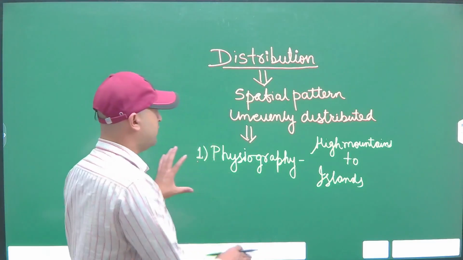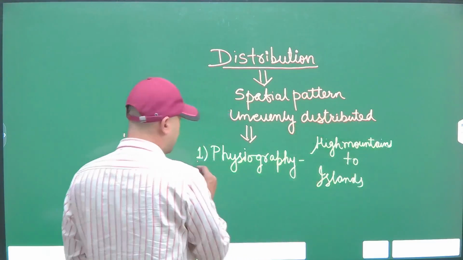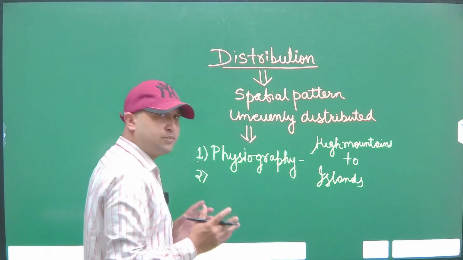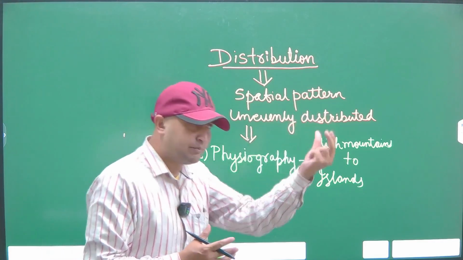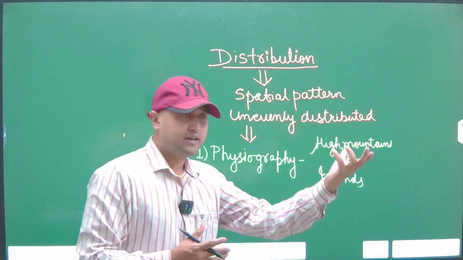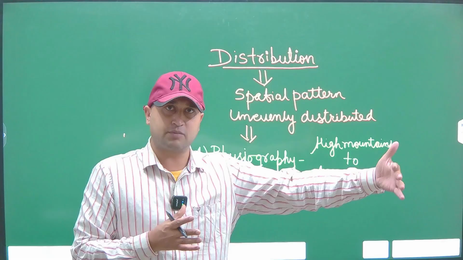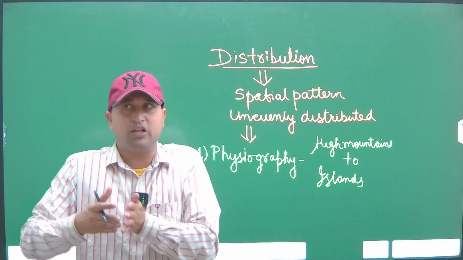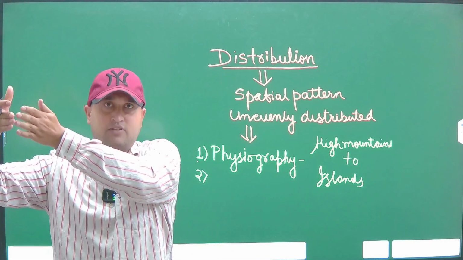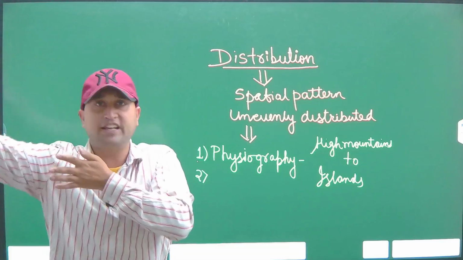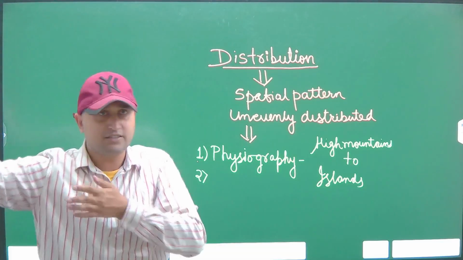So physiography means the different physical features, and the population is distributed accordingly. A very large number of people live in the northern plain of India, but very few live at high altitude, in hilly areas, mountainous regions or desert regions.